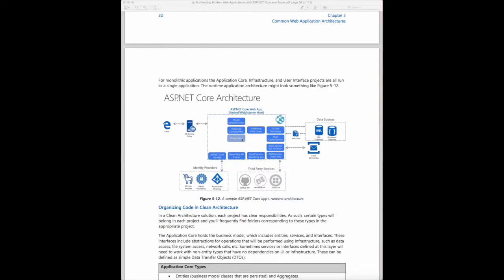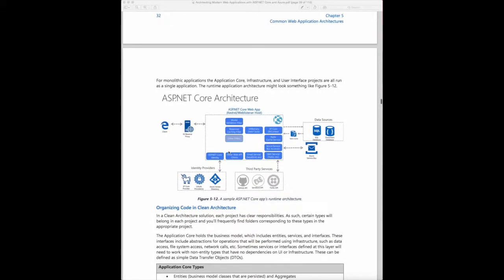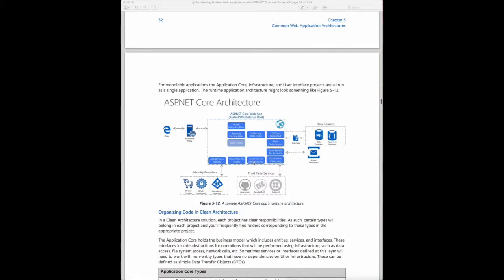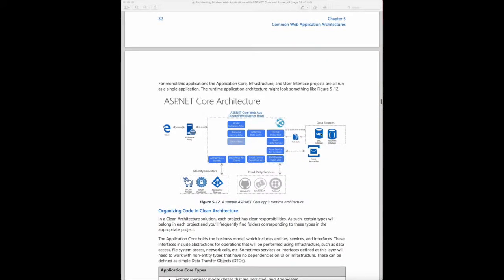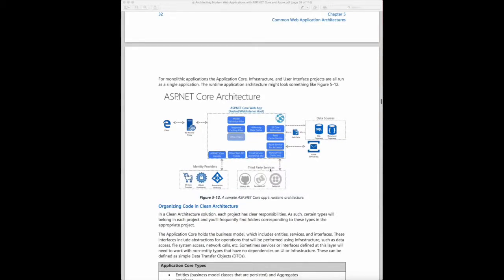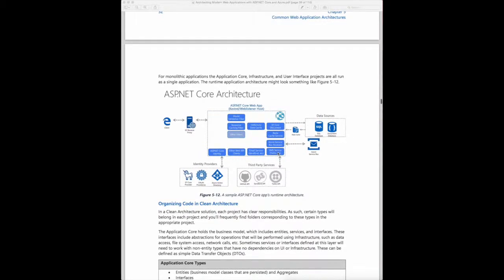So we can see ASP.NET Core web applications have everything inside one solution: infrastructure, ASP.NET Core, email services, everything, and that solution is accessing data sources, third-party services, and identity providers. So we can see the difference between clean architecture and monolithic architecture.